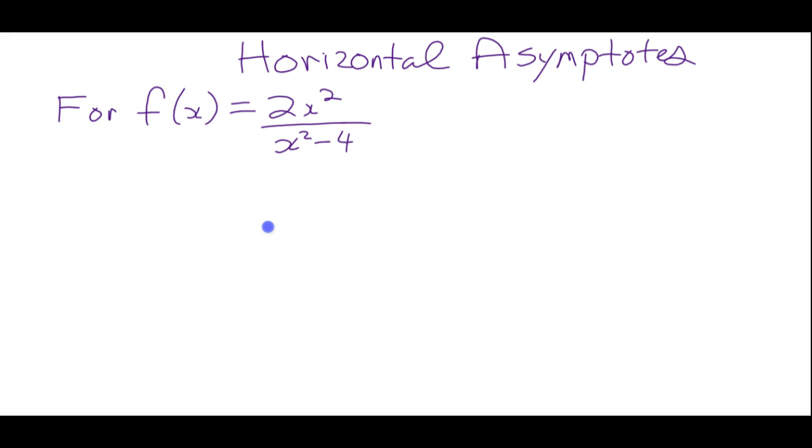If we're going to sketch this curve, not only do we need the horizontal asymptotes, we also need the vertical. So let's just discuss them, stuff we've already done, and recently as well.